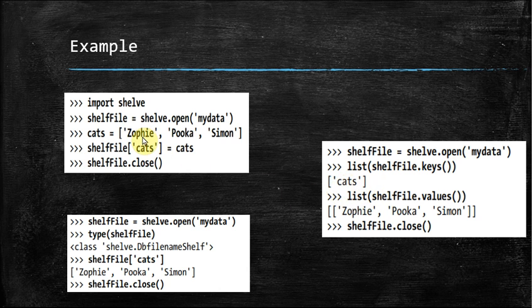The values associated with this key are Zophie, Pooka as well as Simon. So that is what you get when you give shelf file dot values, list of shelf file dot values. The result again will be displayed in the form of a list. So the values for this key cats are Zophie, Pooka as well as Simon.